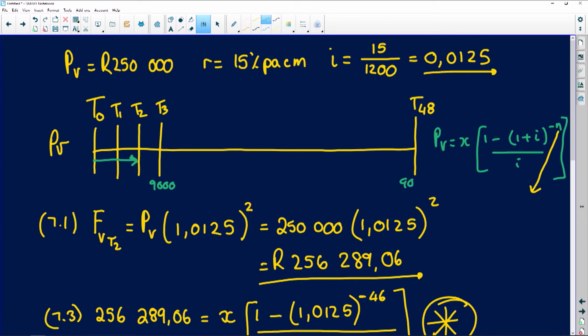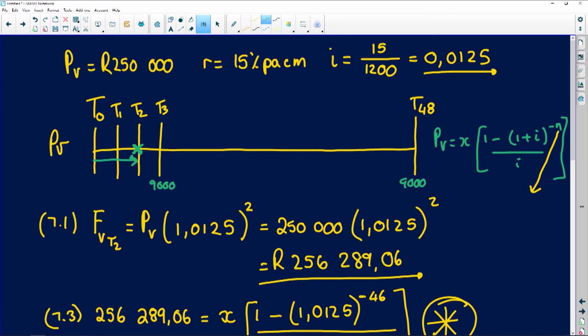This is what he paid. Okay? The loan started running at this point over here. That's where the loan started running. We could start with a loan at 250,000 if we want to, okay? But we're going to start with it at T2 because we have the amount that was borrowed at T2.